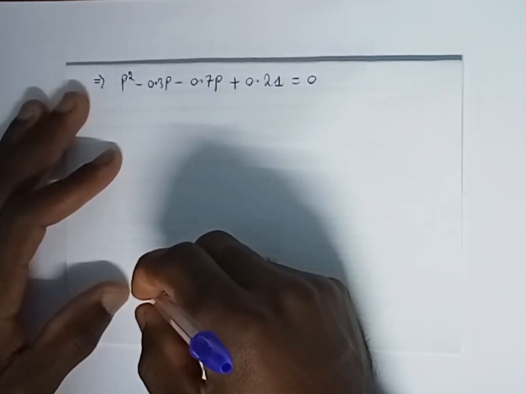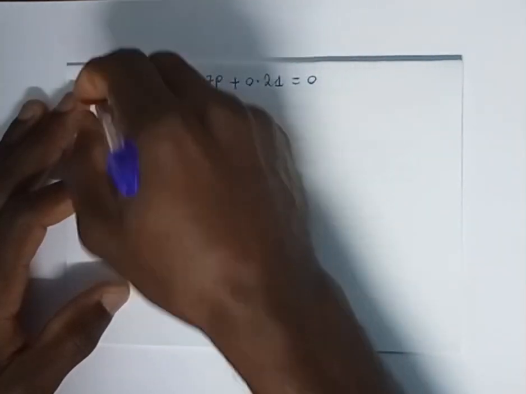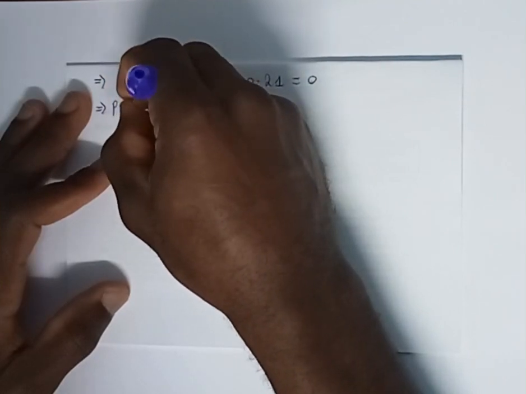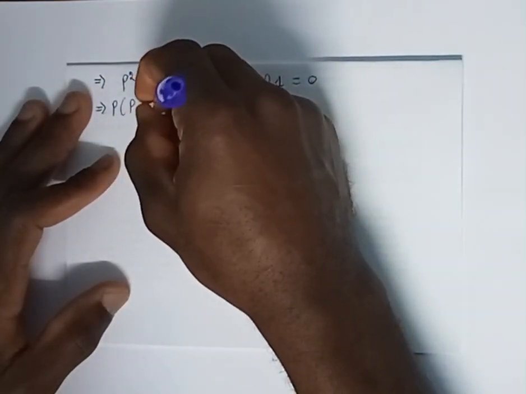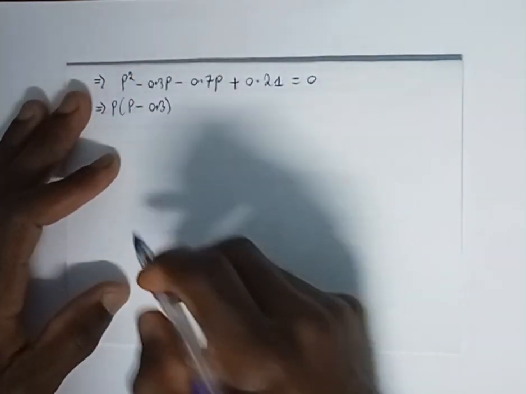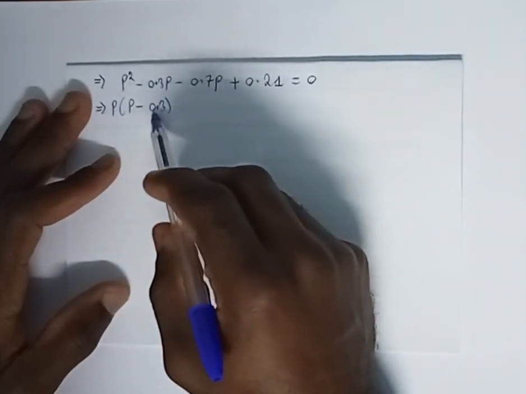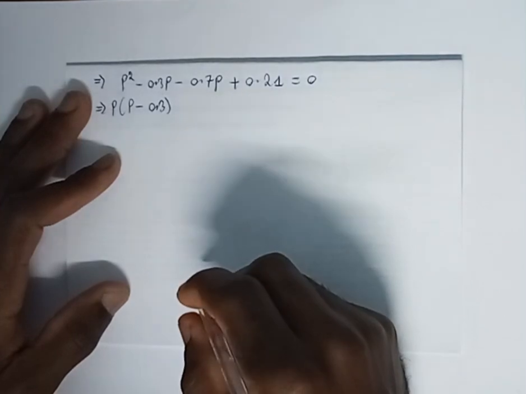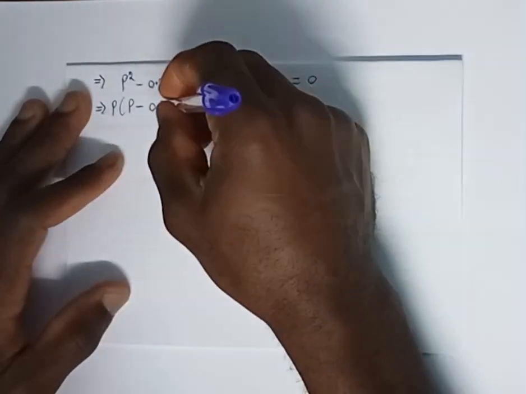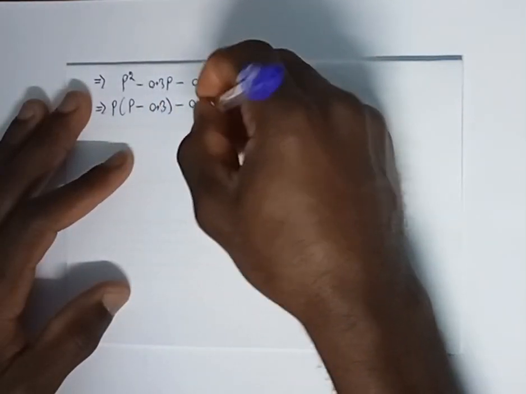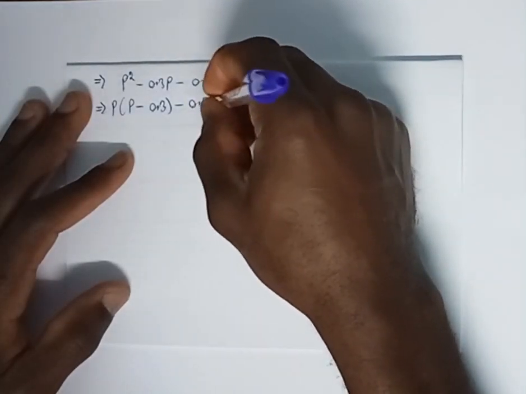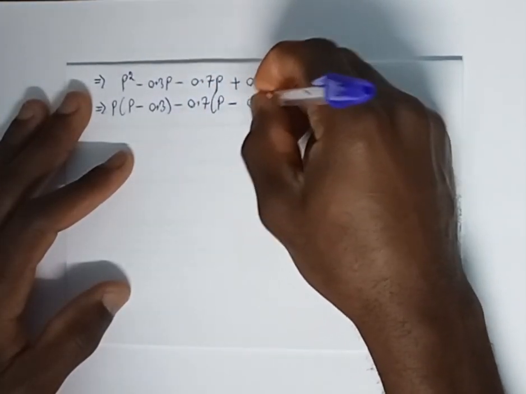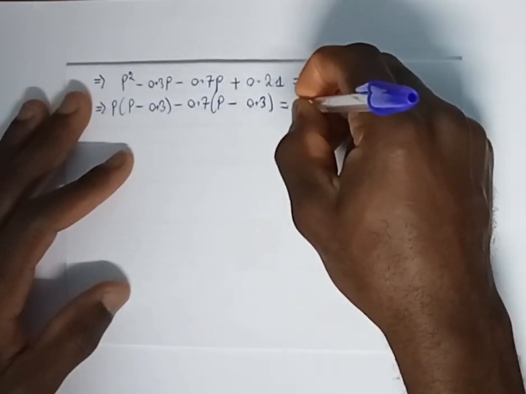We group the terms in pairs and we factorize. For the first pair, P is common. P times P gives us P squared, minus 0.3. We take P times negative 0.3, it goes back to this. For the next pair, we are going to factor out negative 0.7. In the brackets, we have P minus 0.3, and all this will be equal to 0.